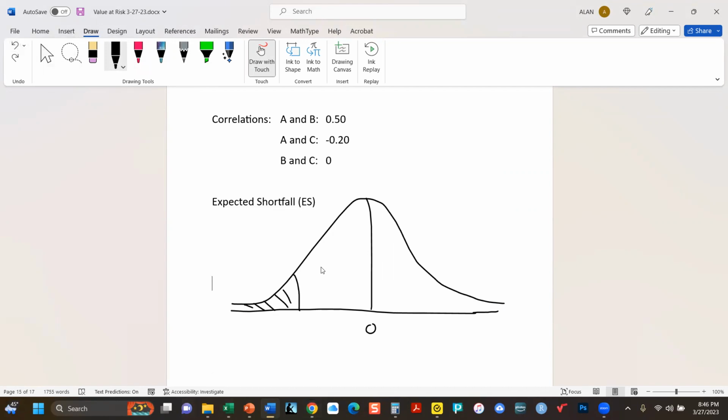Okay, so we don't know what's happening inside. So the 5% VAR is basically this distance.